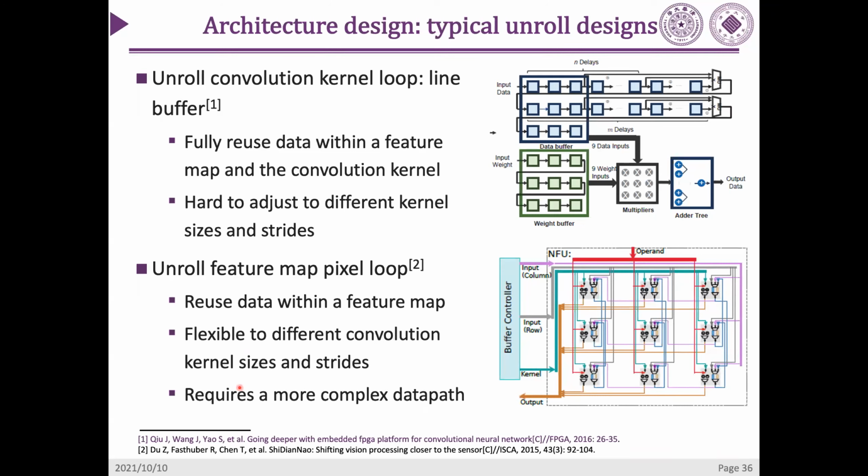convolution. And the second one is unrolling the feature map at the pixel loop, and you will reuse the data within the feature map, and it's quite flexible. This is a paper published in ESWEEK 2015, and it's flexible to different convolutional kernel sizes and strides, but it requires a more complex data bus.